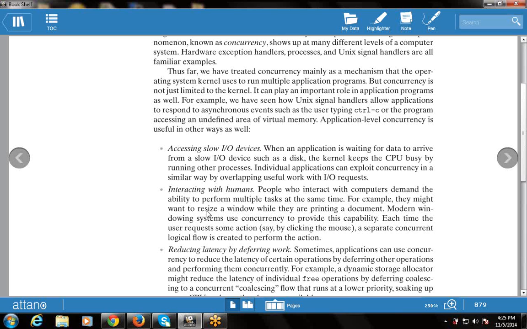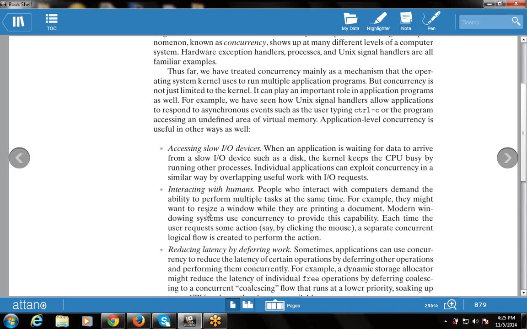Concurrent means more than one process is executing at the same time by the CPU. So if an application needs data and that data is not available at the current time, concurrency helps that application deal with other processes, because the kernel keeps the CPU busy by running the other processes.